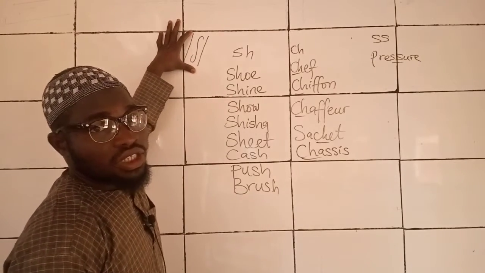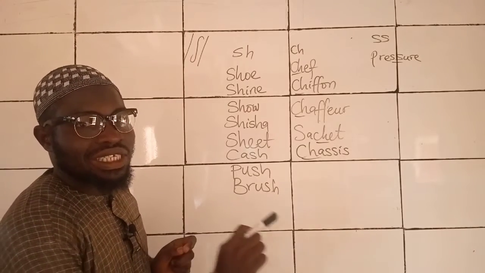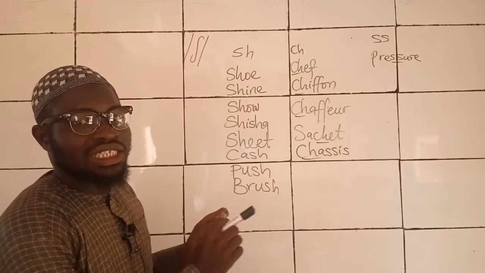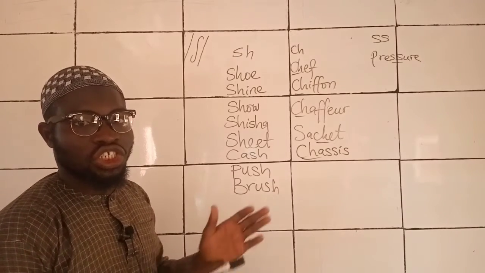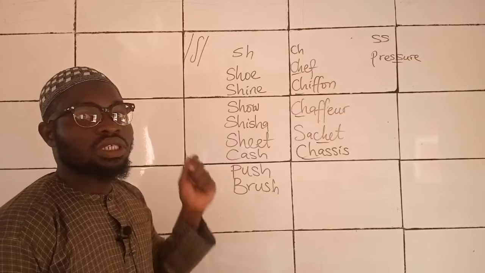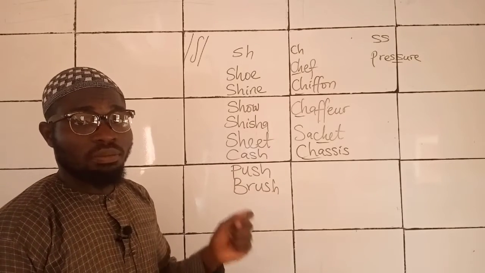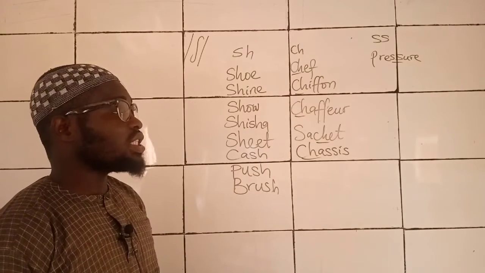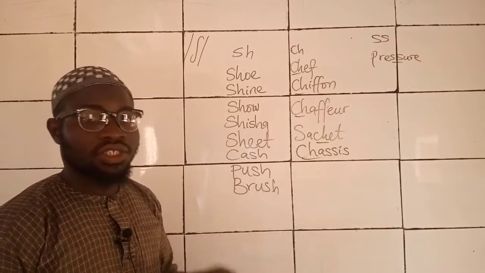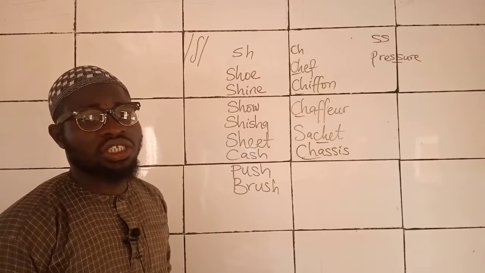Find that the sound is something like S, but an elongated one, longer than the normal S, and that is why it is pronounced as sh. This is a voiceless post-palatal fricative. Then it is also realized as letter CH in French words that are adopted in the English language.